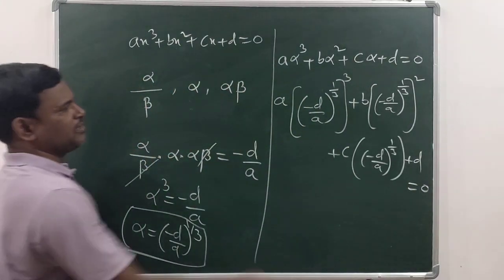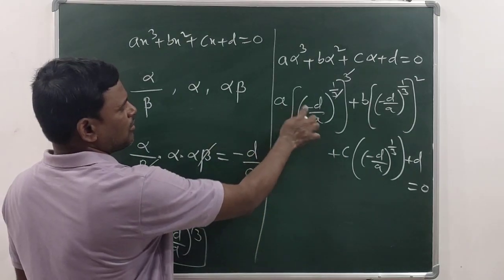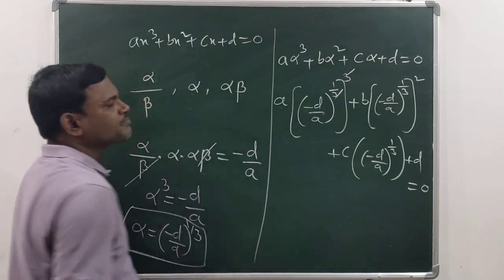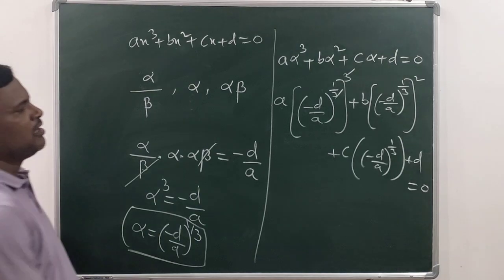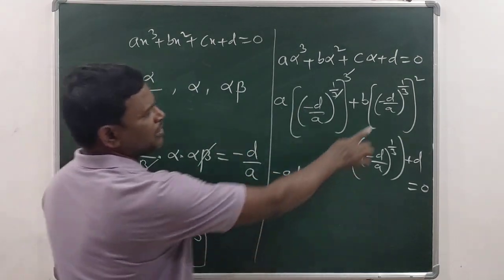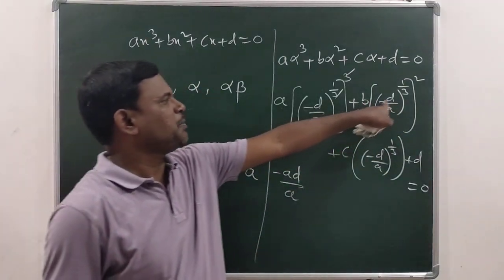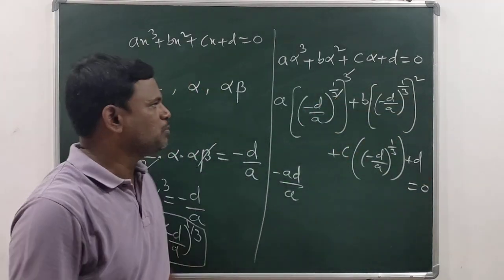Now simplify that. This 3 cancels. Now what is left here? Here minus power, even number, which becomes positive.